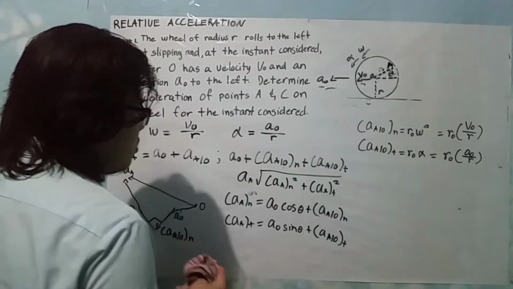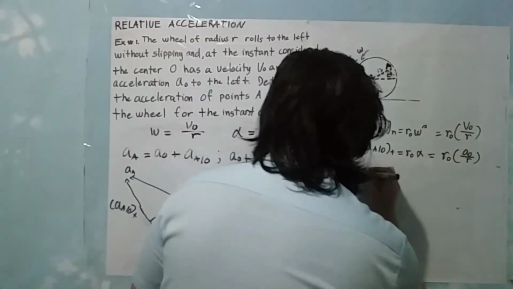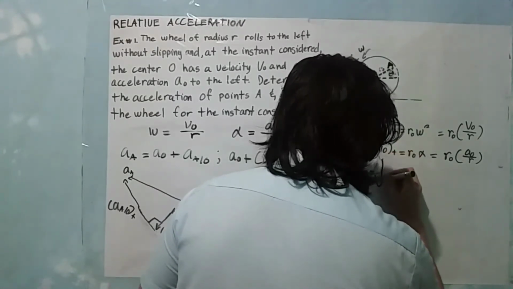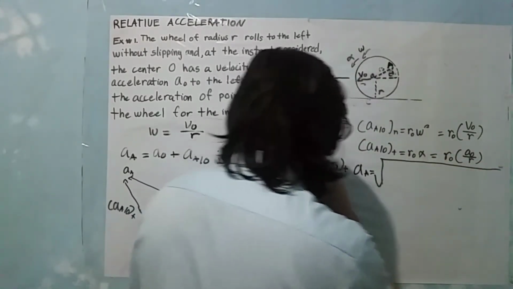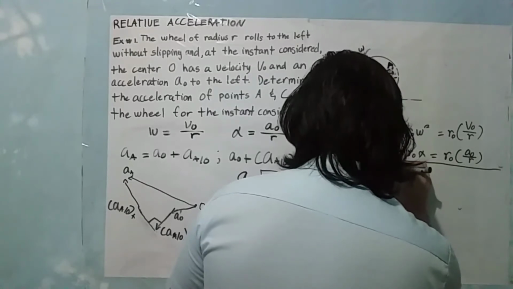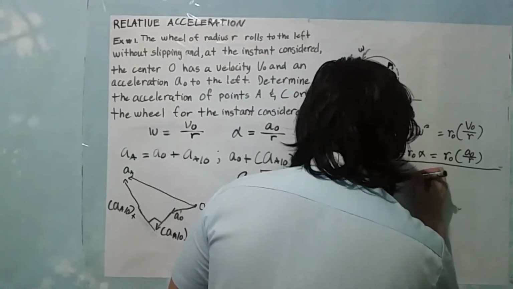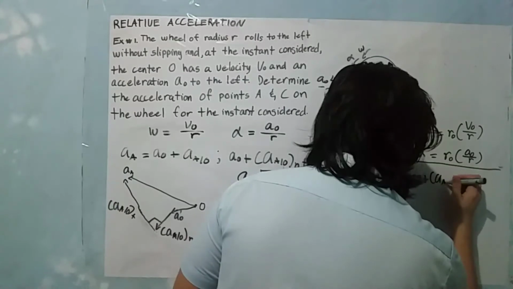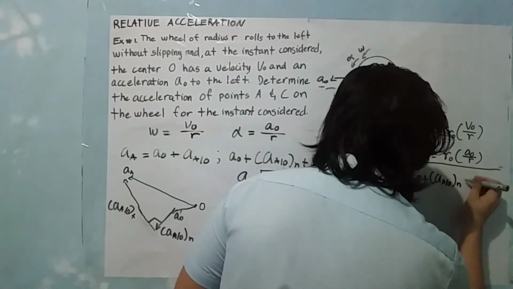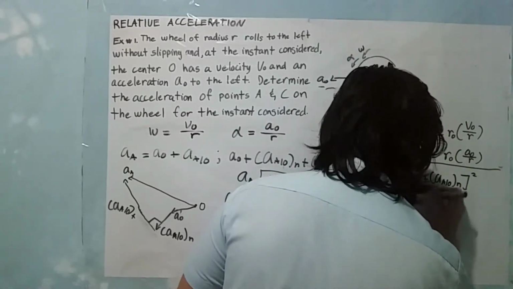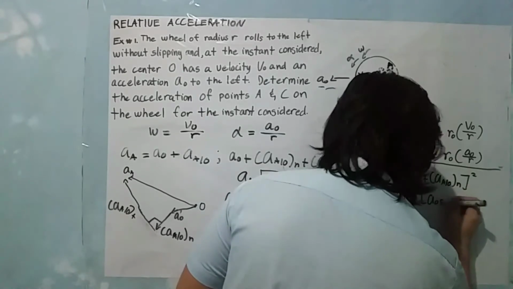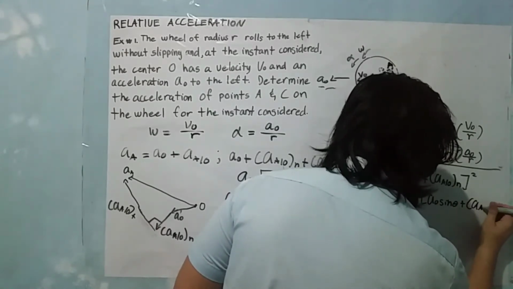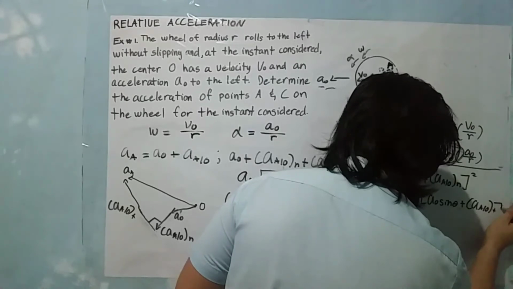Now that we have the value for these two, we can substitute it here, and then we will have the equation. So let's just write here the acceleration for A is equal to the square root of (a sub 0 cosine theta plus acceleration at A and O normal) squared plus (a sub 0 sine theta plus acceleration at A and O tangential) squared.